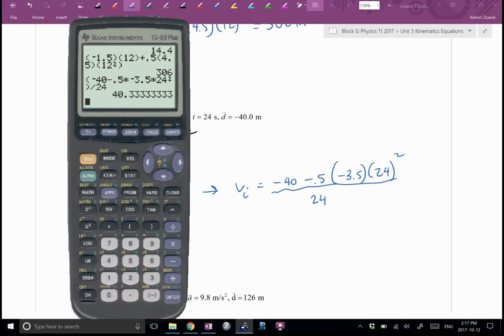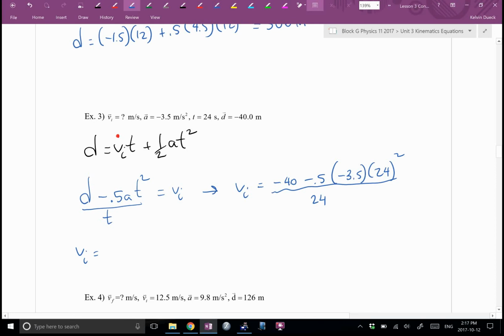And you get 40.33. By the way, as a word problem, here's what this would say. How fast would you have to start out traveling at if you wanted to accelerate backwards at 3.5 meters per second squared for 24 seconds and end up 40 meters behind from where you started? That would be the word problem. We calculate, apparently, 40.3.